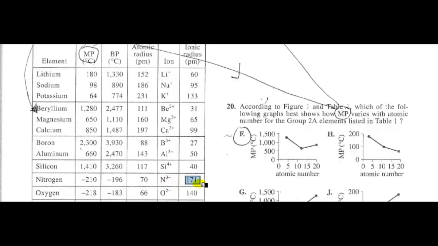So what do we do? We check here. Here is a negative ion, but if you look at all the other ones up here, plus, plus, plus, plus, plus, plus, plus, plus, plus. When it's a positive ion, the radius of the atom will be larger than the ionic radius.